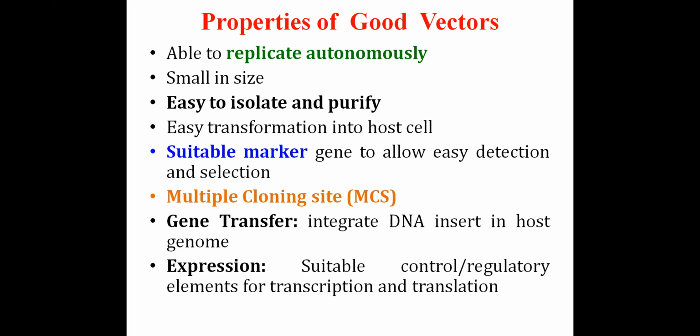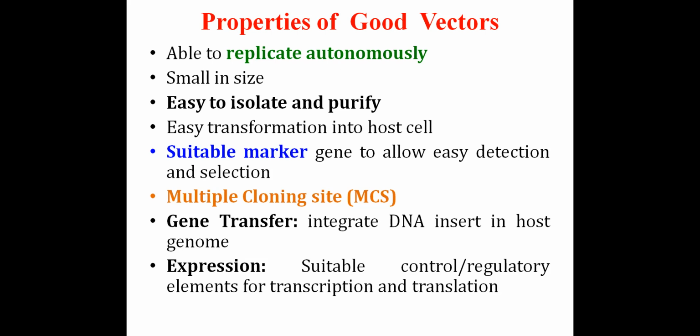where there is a site for some restriction enzymes, because in most of the cases your vector is circular. If it is not circular, it may be linear.